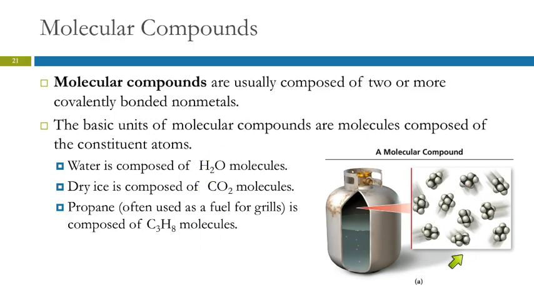So here we have an illustration of propane. And so each of these molecules is the base unit of propane. It's got 3 carbons and 8 hydrogens. They're all the same. Dry ice is a compound composed of CO2 molecules. Water is composed of H2O molecules.